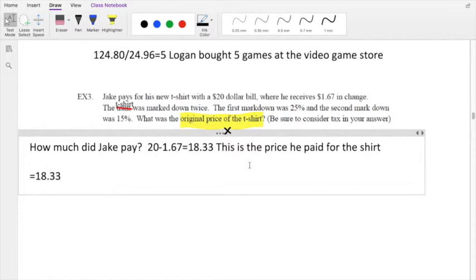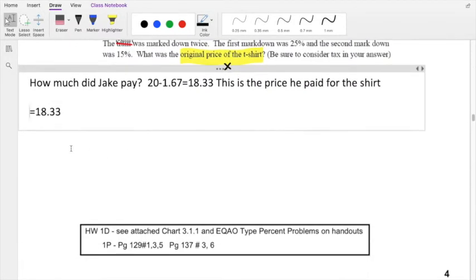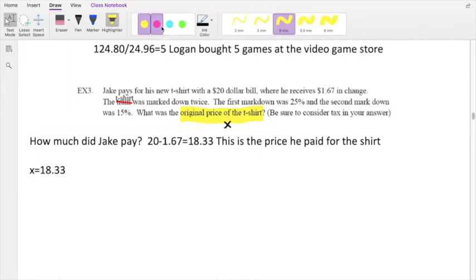So that's going to be the end result of everything we did. So let's figure out everything we did here. Now, a price is made up of the original price, which is X. Then it was discounted 25% and 15%.